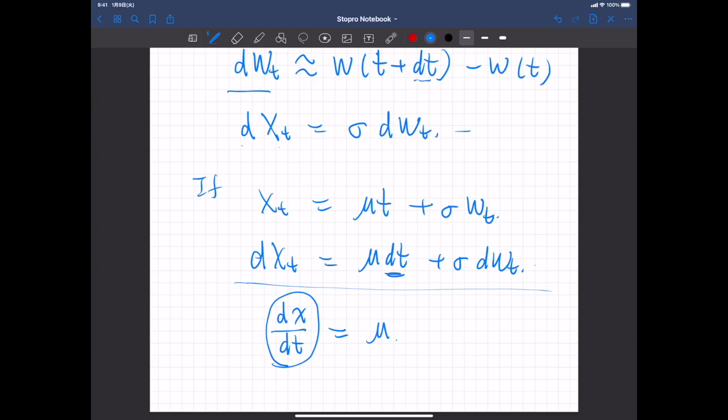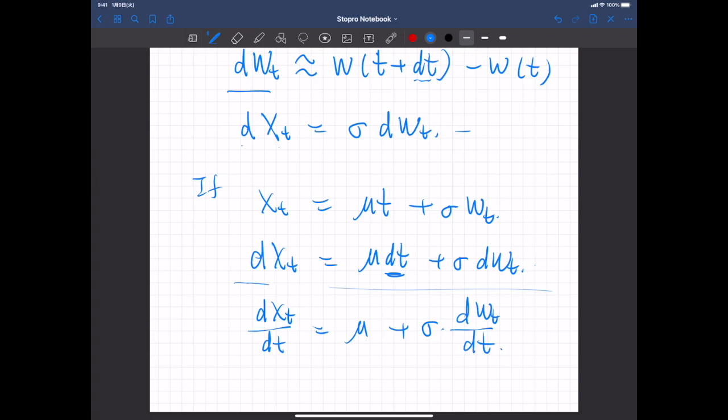So of course we don't write something like this. It looks more like an ordinary differential equation, but we don't do that. This is undefined because Wt is not differentiable.